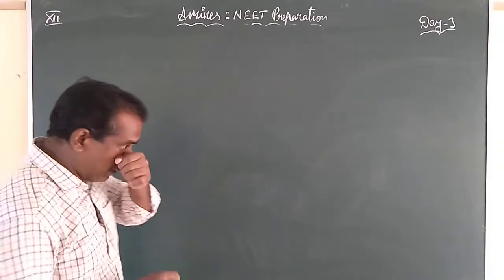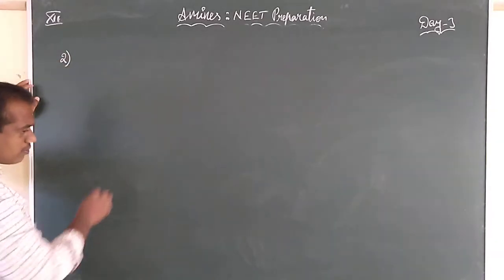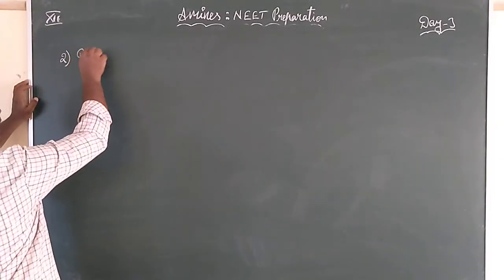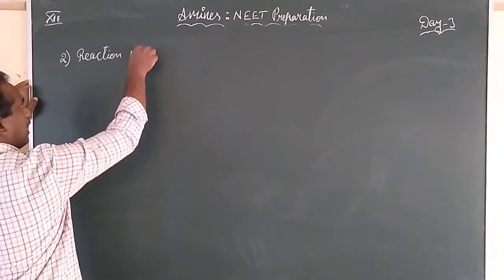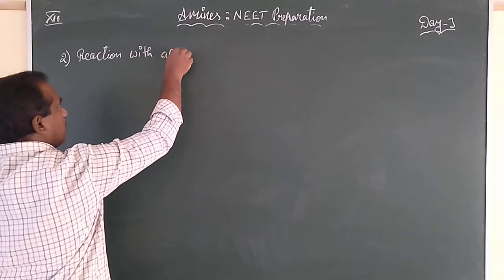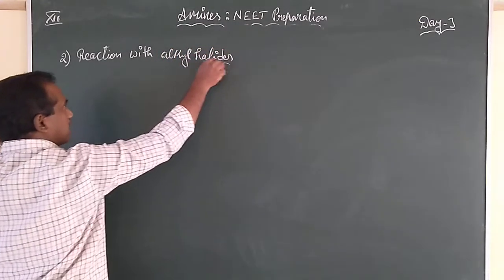You know the second chemical property. What is the second chemical property, children? Reaction with alkyl halides. We have already learned about this reaction with alkyl halides.